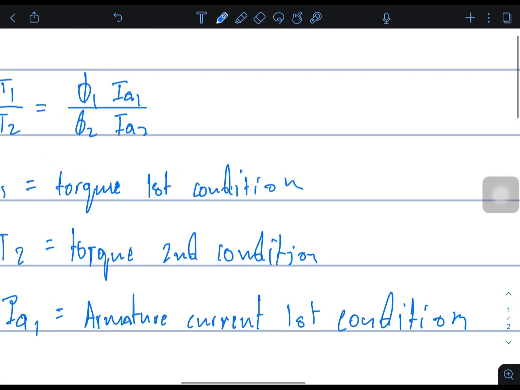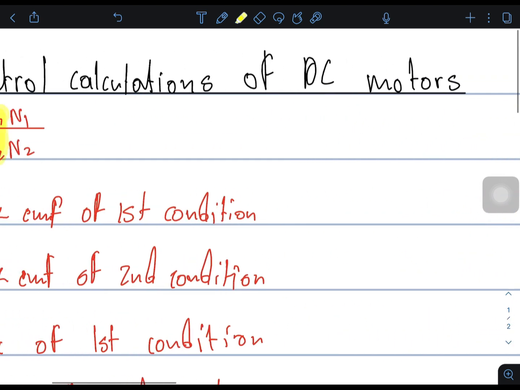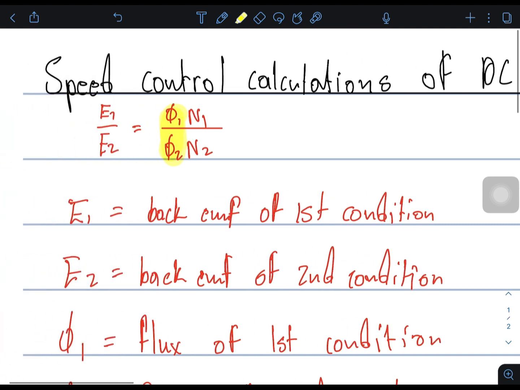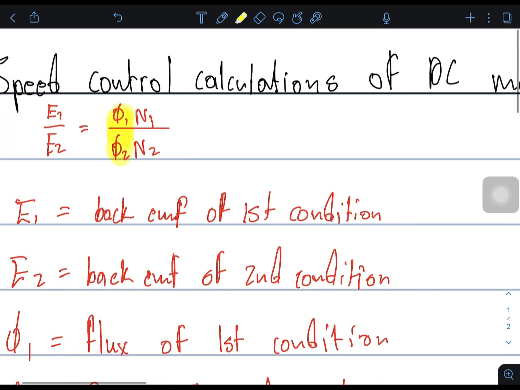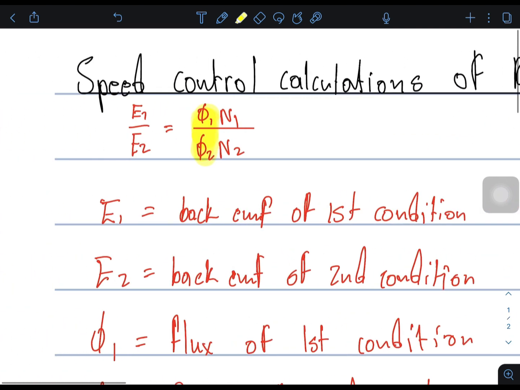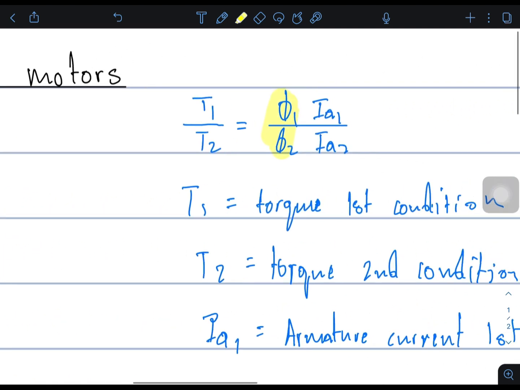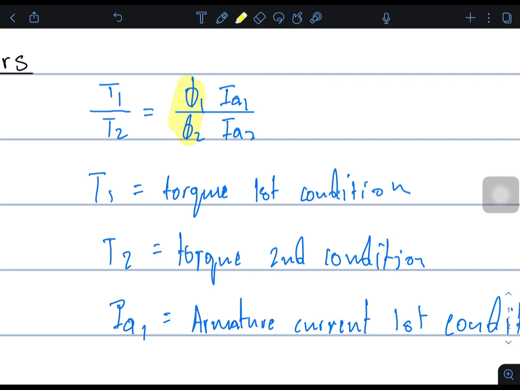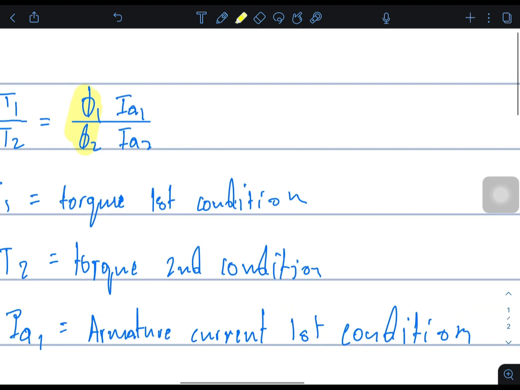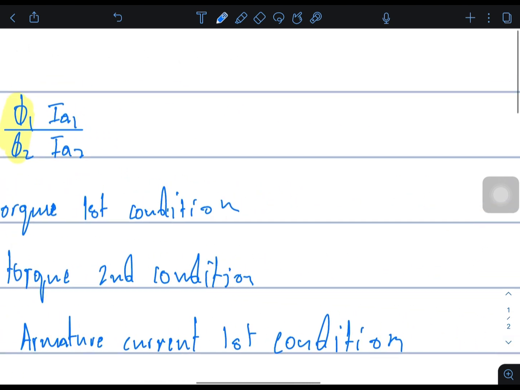So guys, the same thing that we did with the EMF formula, we can now do with the torque formula, whereby in place of flux we can put a field current, but now there is a condition.